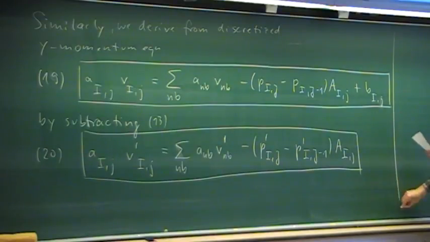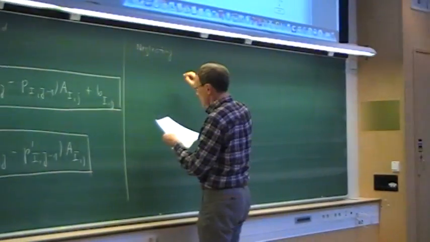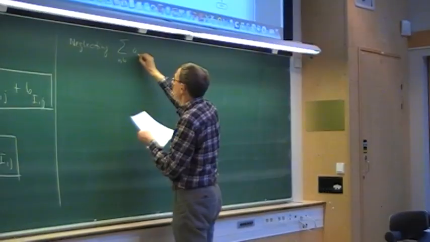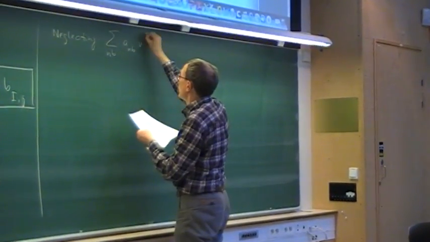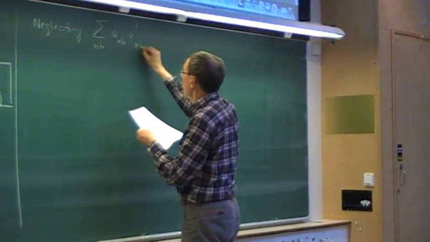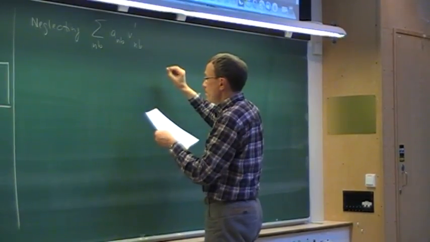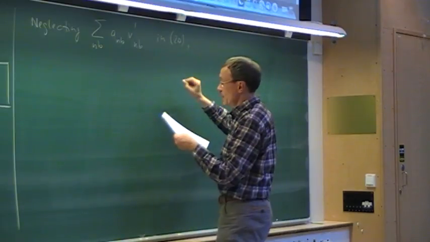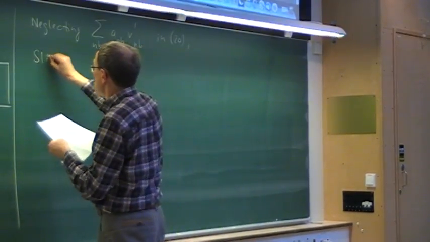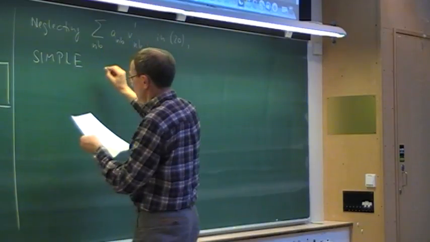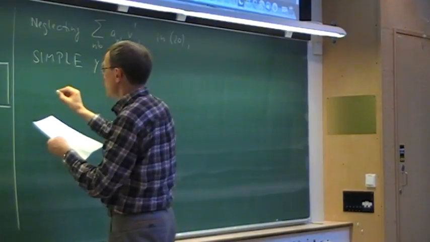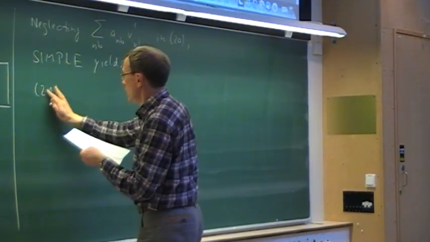So we neglect these contributions of all neighboring coefficients and the velocity corrections v prime there, in equation 20. That is the simple approximation, which yields the following, and that is 21.